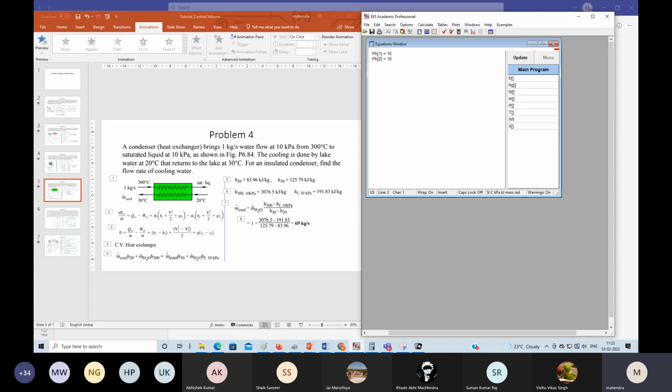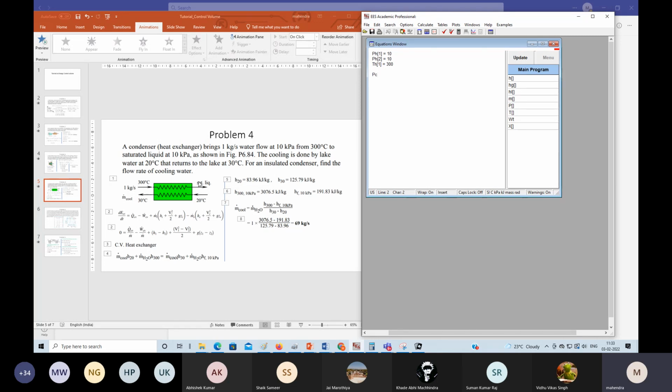Okay, then T hot 1 equals 300. Anyhow, this is the saturated liquid only, so the temperature also would be the same. Okay, then what is the water condition?